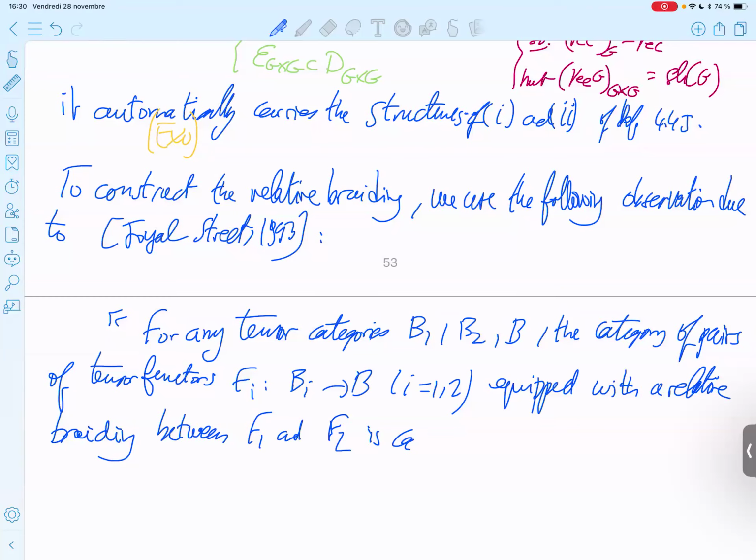So the category of functors F1, F2 with a braiding between them is canonically equivalent to the category of tensor functors from B1 Deligne tensor B2 to B.